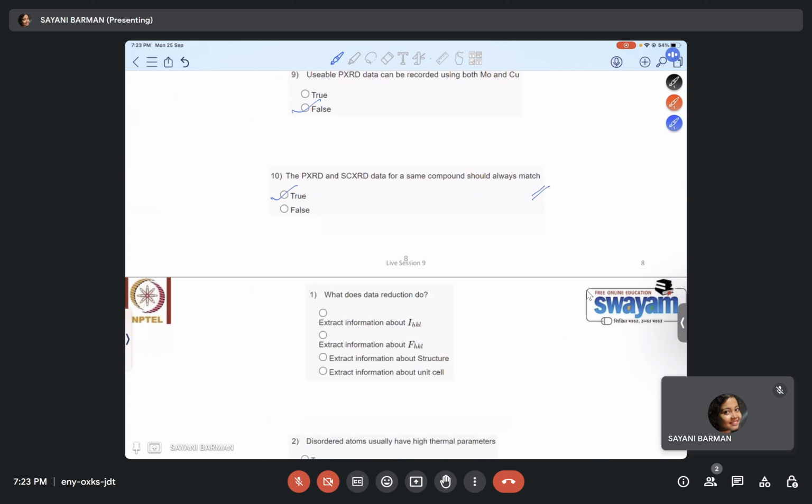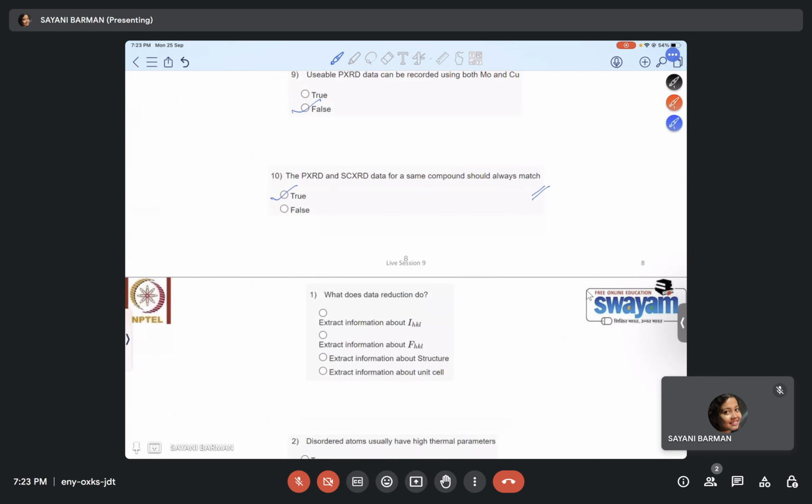Intensity of the peaks can vary between the zip file and the PXRD data. You can still consider that the compound has formed, whichever single crystal you got, that compound in powder has formed, but the intensity of the peaks is varied, but the pattern should be the same.